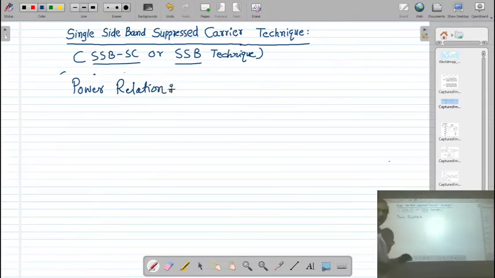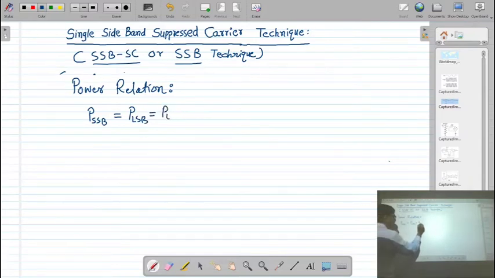So, as we know, in the SSB technique we transmit only one of the sidebands. Therefore, the power is due to either the lower sideband or the upper sideband. So PLSB, or you can say the power of an SSB wave, is nothing but either the power of the lower sideband or the power of the upper sideband.